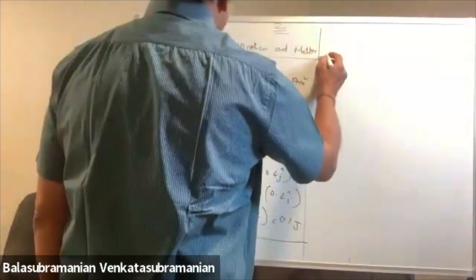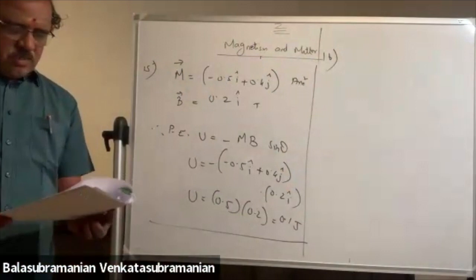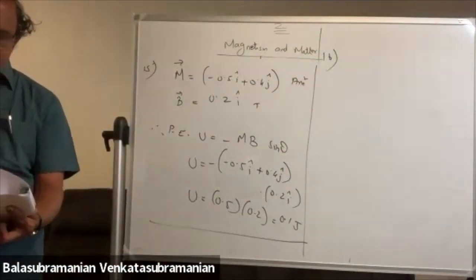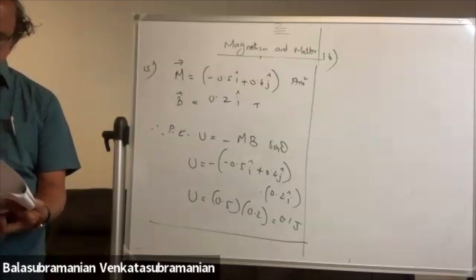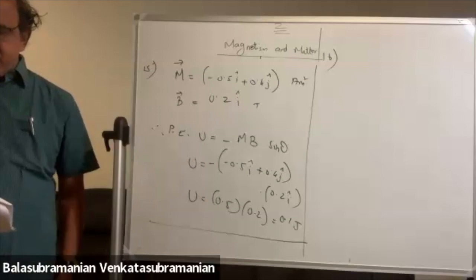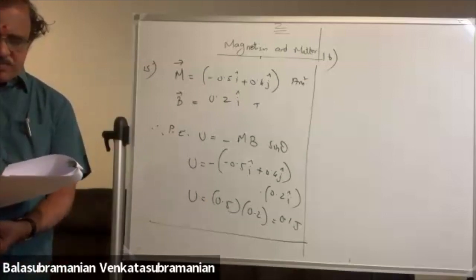Second, that is 16th problem. Circular coil of cross-sectional area 0.1 centimeter square is kept in a uniform magnetic field of strength 0.2 Tesla.